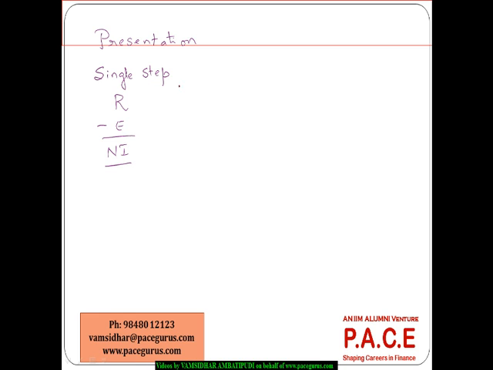A simple presentation in one single step. Or we have a multi-step process where a bit more detail is happening. So here we first look at revenues. Instead of taking all the expenses, we take only cost of goods sold first. The difference will give me the gross profit.